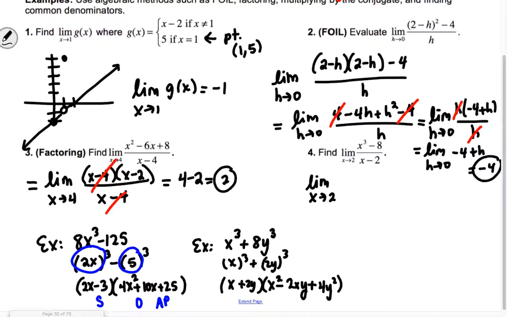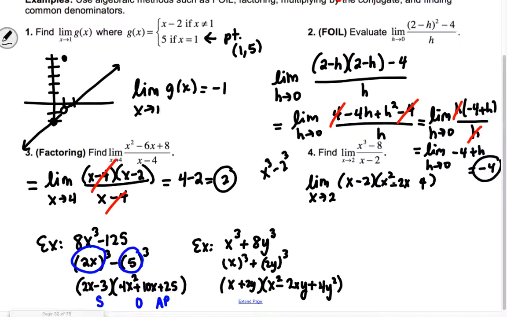So we're identifying what's being cubed. It's x being cubed, minus 2 being cubed. So we drop the cubes and write x minus 2. We do x squared and we do 4 on the end. What do we write in the middle? 2x. And then we go and we put in our signs.